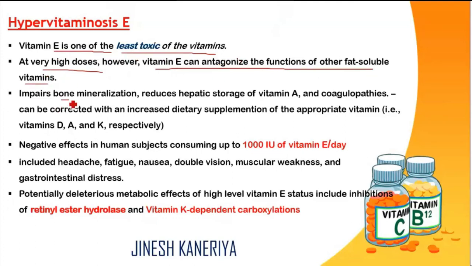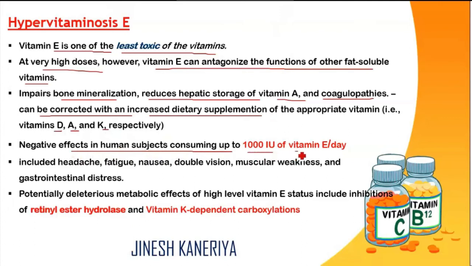It means impaired bone mineralization, reduced hepatic storage of vitamin A, and coagulopathy, which can be corrected with an increased dietary supplement of the appropriate vitamins D, A and K respectively. Negative effects are caused in humans subjected to consumption of 1000 international units per day.